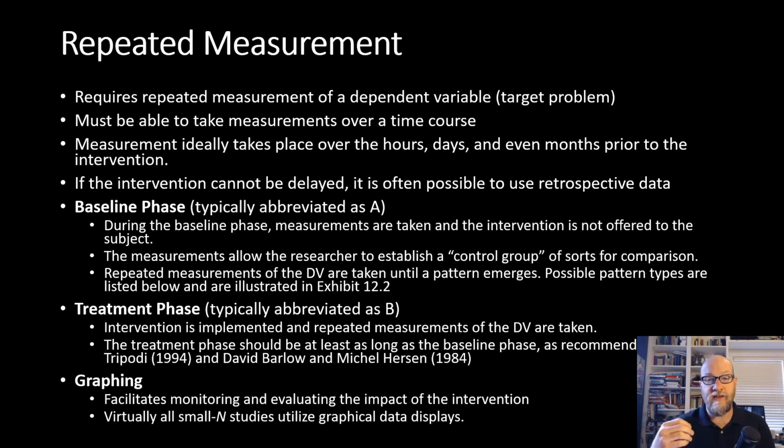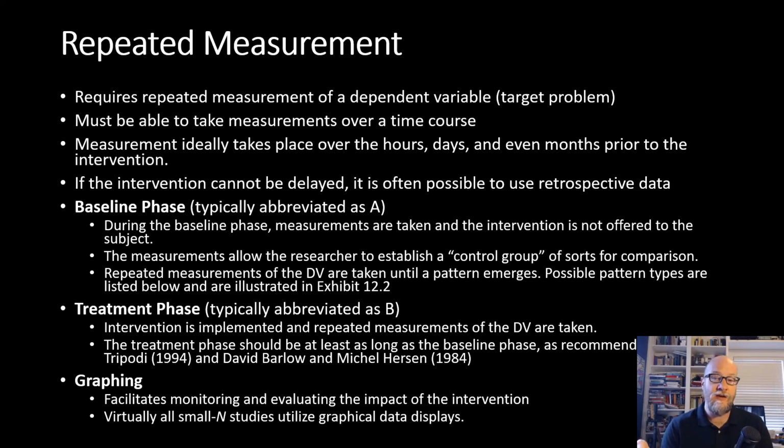So the idea is that there may not be an ethical or a safe way to delay the intervention. But if there's a way to do that scientifically and ethically, then you want to establish a baseline. If you can't do that, what you'll sometimes see, especially with problematic behaviors that are very well documented and closely tracked, especially in inpatient settings, is you can go look at the nursing notes, you can look at the staff notes.